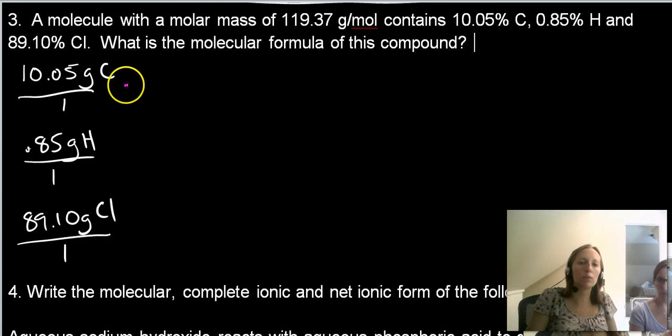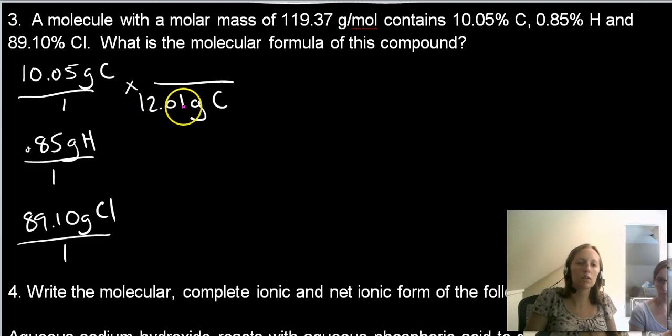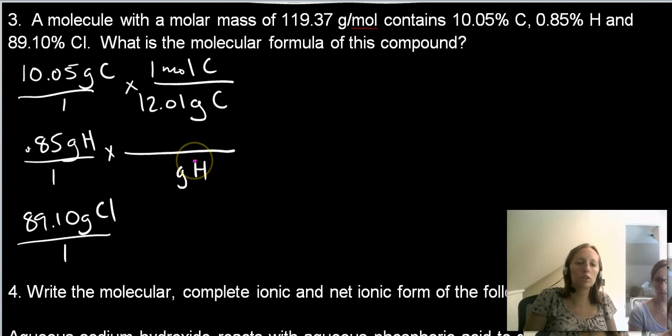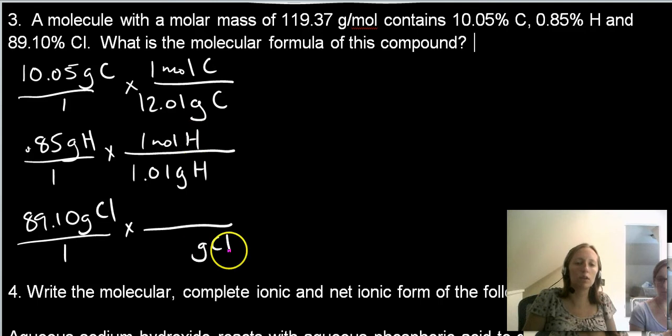Then you convert everybody to moles by bringing down your units like good children. And that's 1 mole of carbon's mass. Grams of hydrogen is 1.01. And grams of chlorine is 35.45.